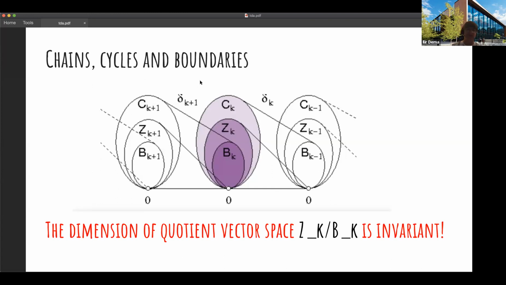Now, chains, cycles, and boundaries. Recall, a chain was simply a linear combination of simplices in a certain dimension. If we write the dimension in decreasing order, say, if we are working with surfaces, we would start from dimension 2, move to dimension 1, and descend to dimension 0.